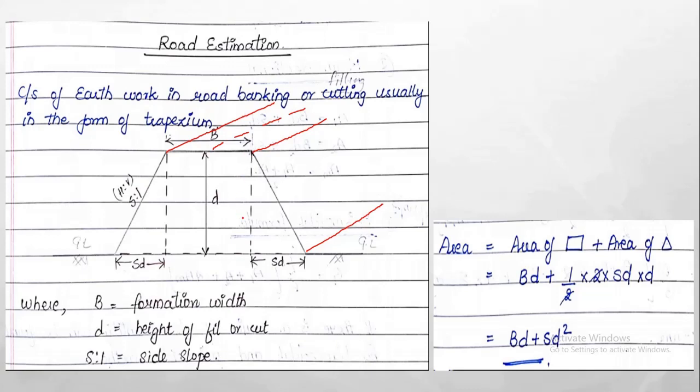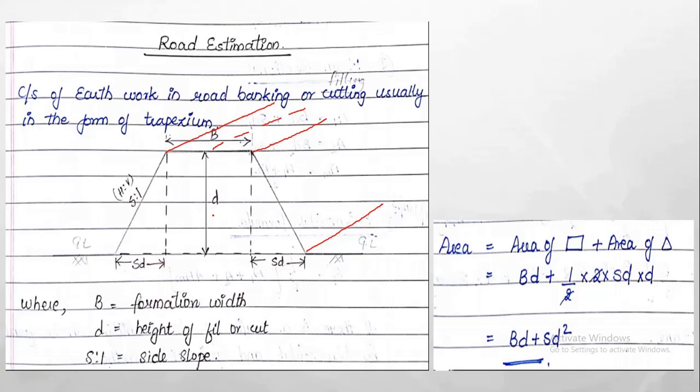Sometimes the normal ground will be at a lower level, and we'll have to add some more soil so that the level of the road will rise to the desirable level. In that situation, we'll have to fill more quantity of soil to the level ground to attain the desirable road height.